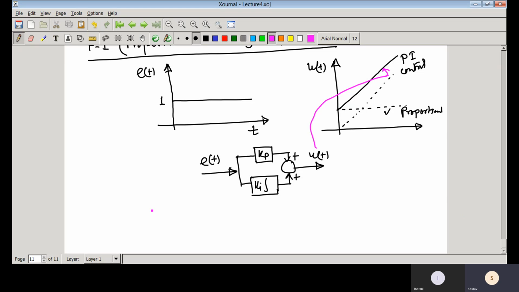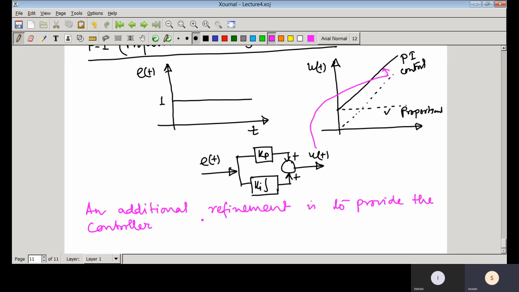So here I am writing an additional refinement is to provide the controller with an anticipative ability.